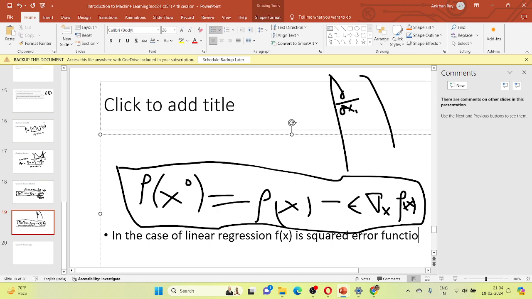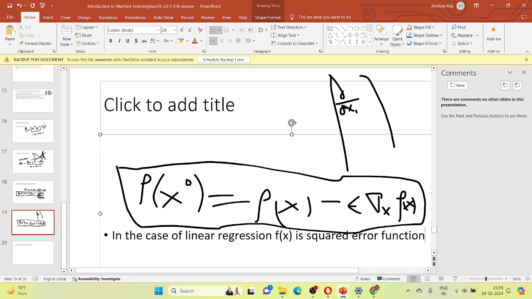When we are performing linear regression, what we need to do is minimize the cost function, and from that calculate the values of the parameters beta.